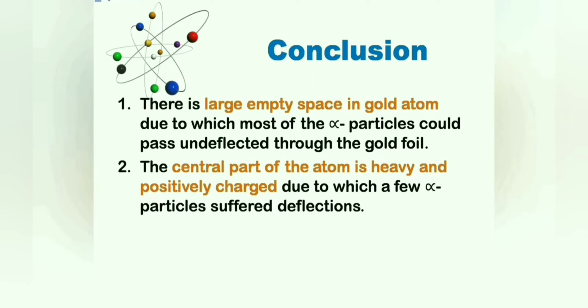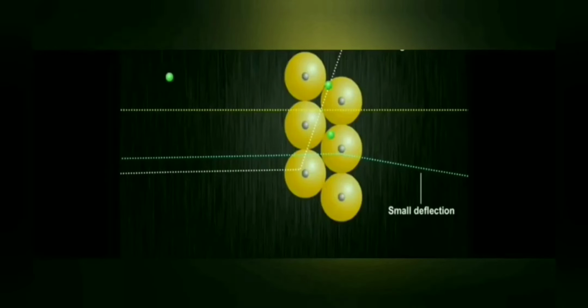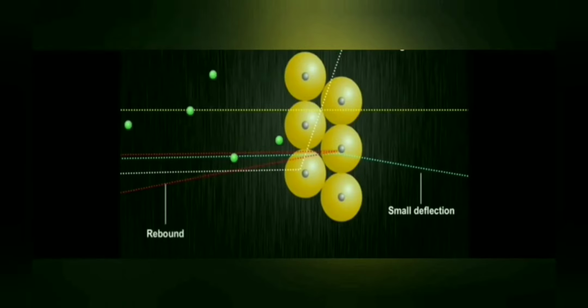The alpha particle which was very close to the nucleus shows deflection. The alpha particle which strikes the nucleus exactly is bounced back, which shows that the central part is hard and dense, and small compared to the size of an atom.